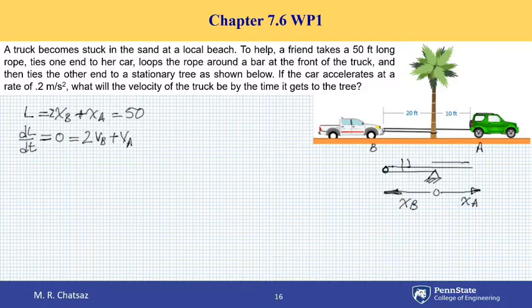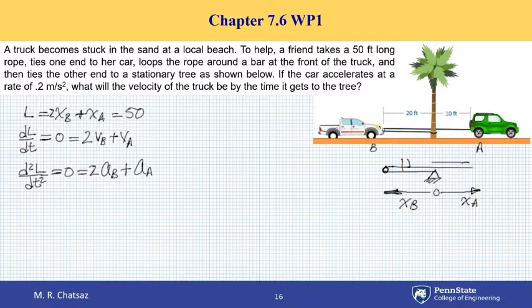So if I take a second derivative of L with respect to time, second derivative of a constant is still 0, then 2 times derivative of v_B is a_B, plus derivative of v_A, which is acceleration of car A.